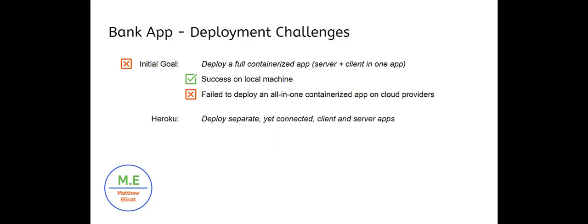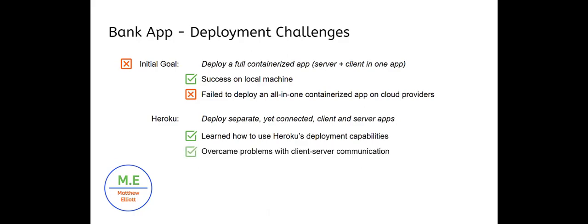So I switched over to trying to deploy on Heroku. In this strategy, I would have separate client and server apps, but they would have the ability to talk to one another. So I learned how to use Heroku's deployment capabilities, and I had a few problems that I was able to resolve and get the server and the client to be able to communicate with one another.